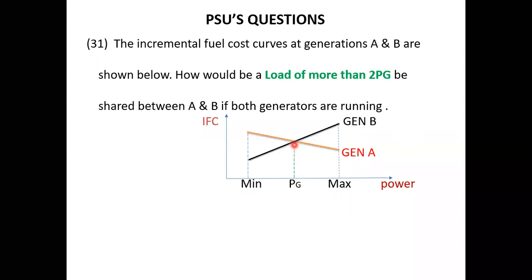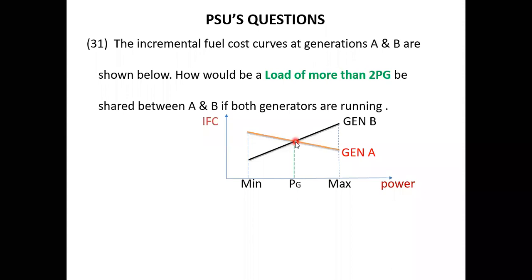Now tell me, at this point, what is the total generation? Generator A plus generator B means PG plus PG. How much? 2 PG. So at this point, the total generation is 2 PG. Understanding everybody?